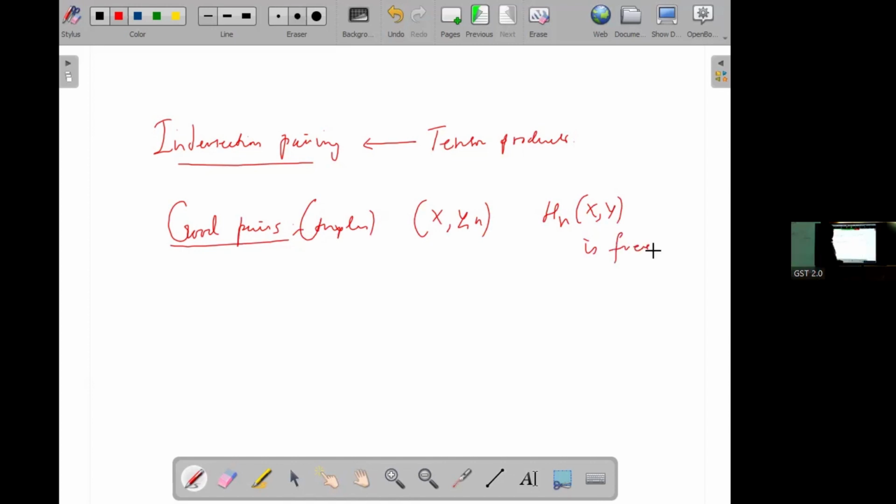Okay, maybe free of rank 0, but free. So then we can talk about tensor products, right? The point is to talk about forming H. How do I form it? Suppose I take X cross X prime.